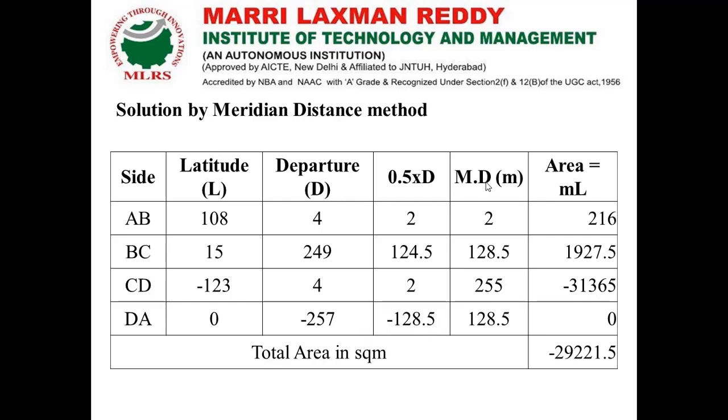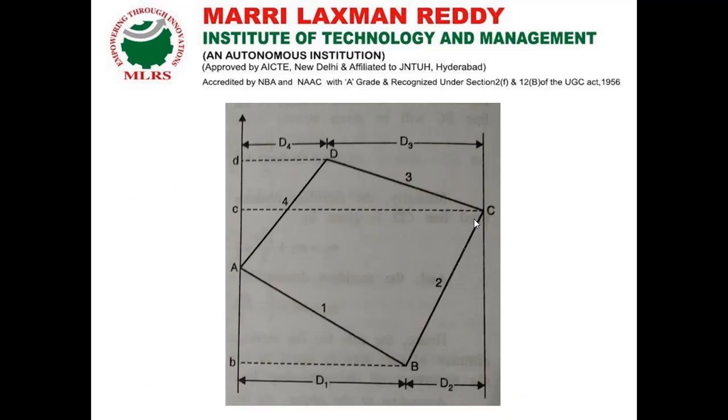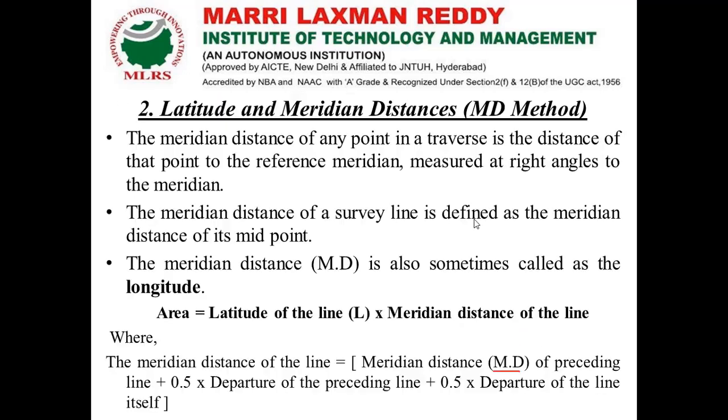Now we have to calculate the meridian distance M. The meridian distance of the line is equal to the meridian distance of the preceding line plus 0.5 into departure of the preceding line plus 0.5 into departure of the line itself.